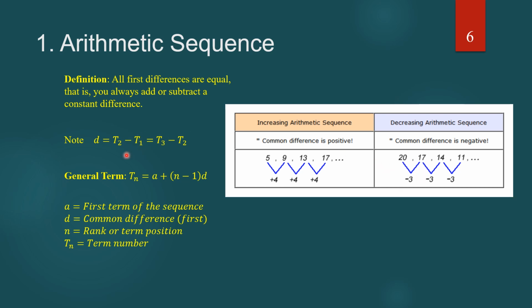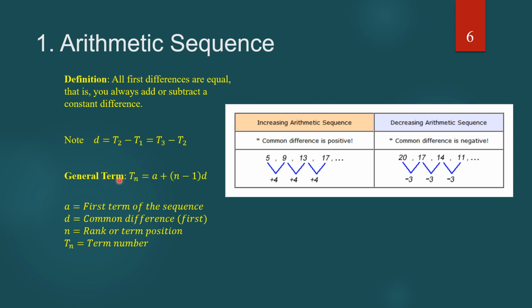So what do we mean by a common difference? A common difference is calculated by finding the difference between the immediate next terms. That difference should be a constant, hence it's common.